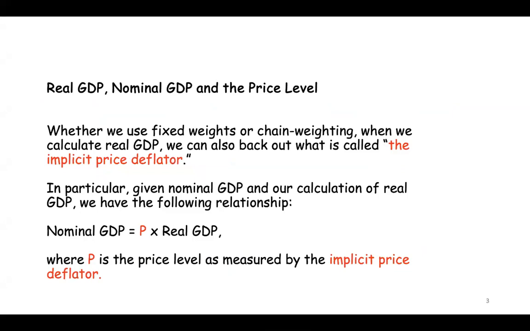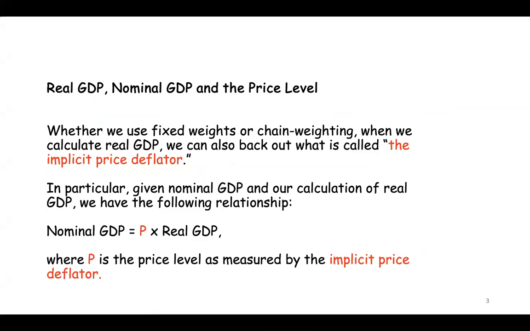The first price index, which I mentioned last time, comes from our discussion of nominal and real GDP. If you remember, nominal GDP can be growing because quantities are growing or because prices are growing, and real GDP is what's happening with quantities.